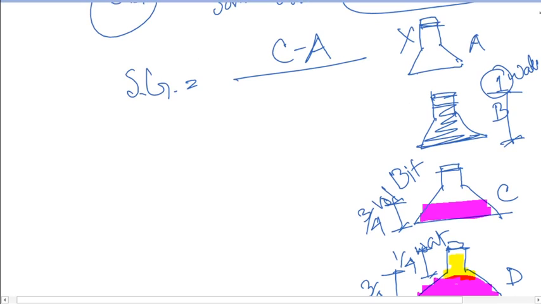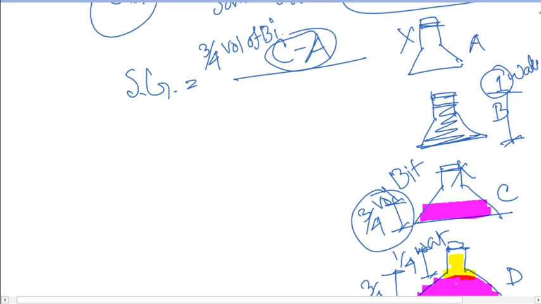The picnometer will be deducted, so only the remaining 3/4 volume of bitumen is left. This indicates 3/4 volume of bitumen, and its weight is what we get. According to the definition of specific gravity, we need the equal volume.